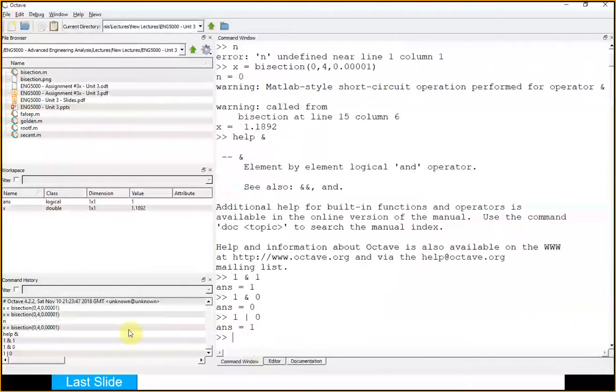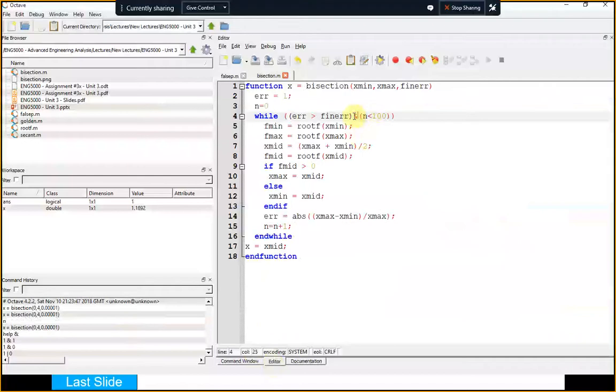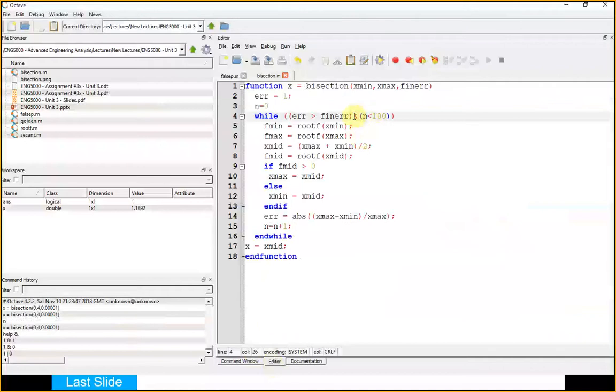Let's check something else. If n, while that, and I want to know, go and help me and look. Should you put a semicolon at the end of that? No, I know.